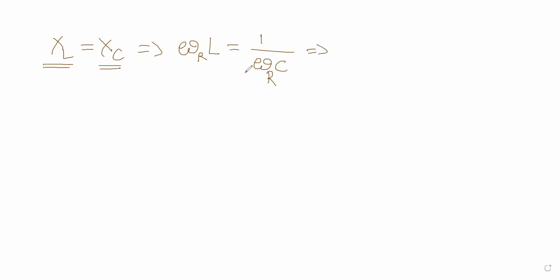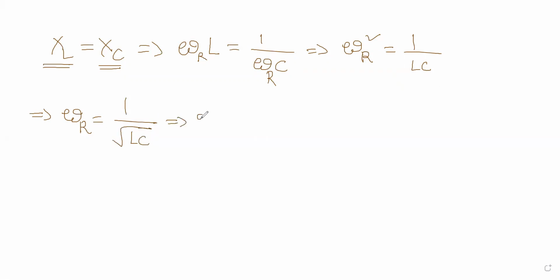Now take omega R on one side. So I get omega R whole square equals 1 by LC. Now take the root on either side, removing the squares. You get omega R equals 1 by square root of LC. And omega R is 2 pi FR, that is called resonance frequency.